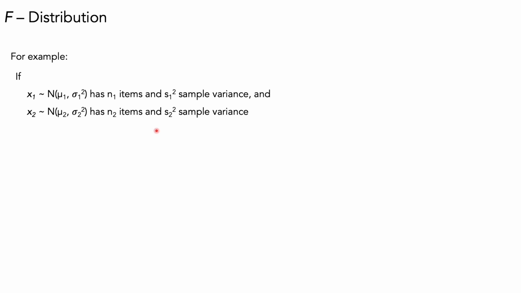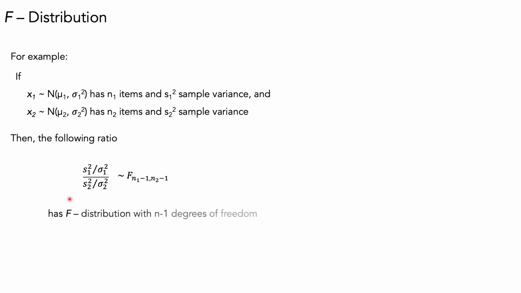Then this ratio will have an F distribution where n1 minus 1 is the degrees of freedom for the numerator and n2 minus 1 is the degrees of freedom for the bottom one. You can relate this with chi-square distributions also.